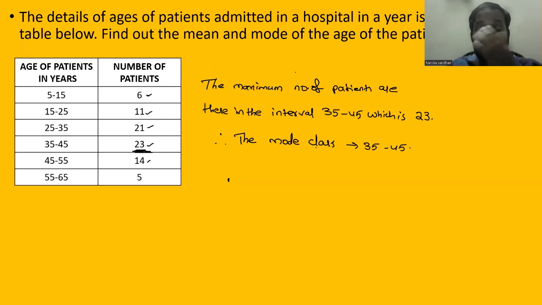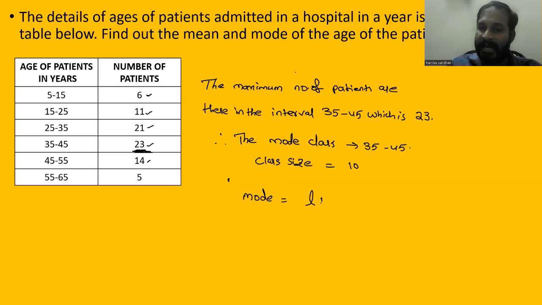What is the class interval distance, I mean the class size? Tell me here. 10, right? 5 to 15 is 10, 15 to 25 is 10. Class size is 10. Okay, I will write the mode formula.